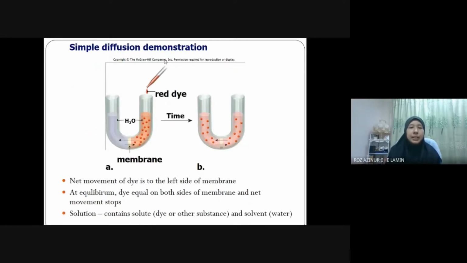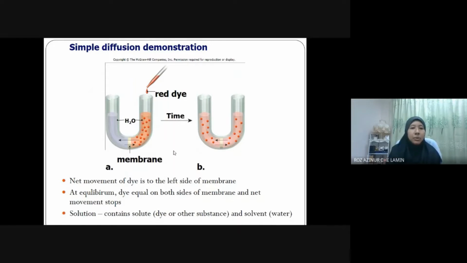This is an illustration of simple diffusion. Here is water added with red dye. Given some time, the red dye molecules can move from this region across the membrane freely.